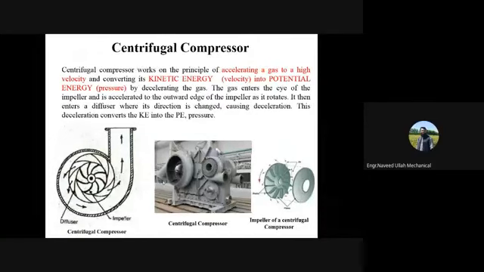So the topics that we will be discussing in today's lecture are centrifugal compressors and axial flow compressors. If you remember, in the previous class we discussed rotodynamic machinery in general, and then we talked about the impulse turbine.